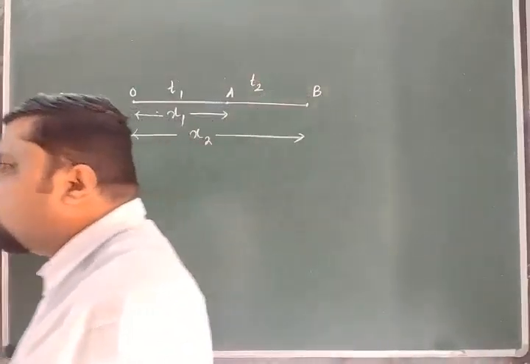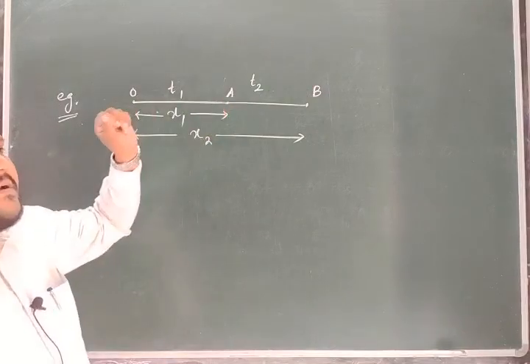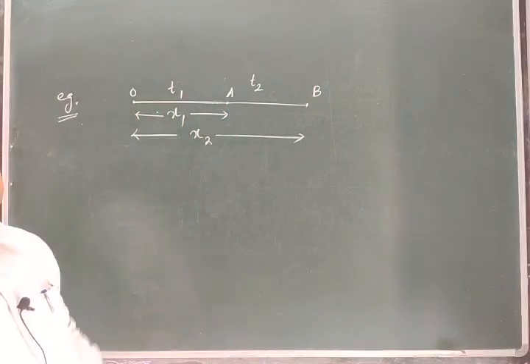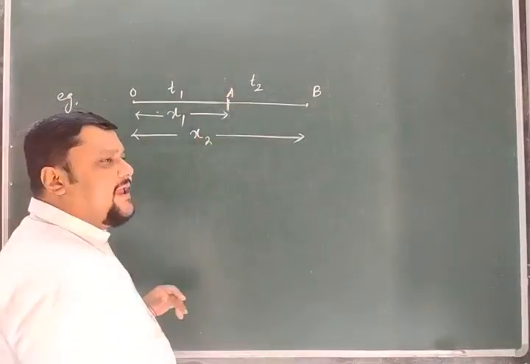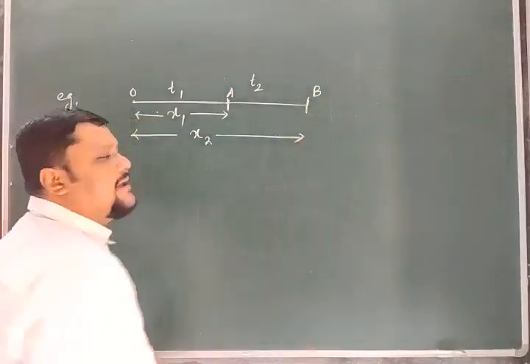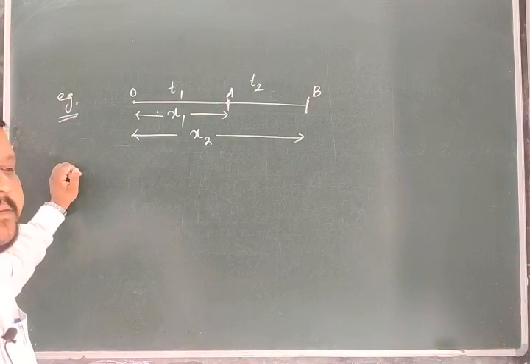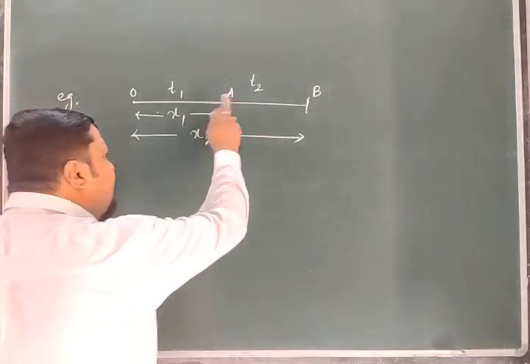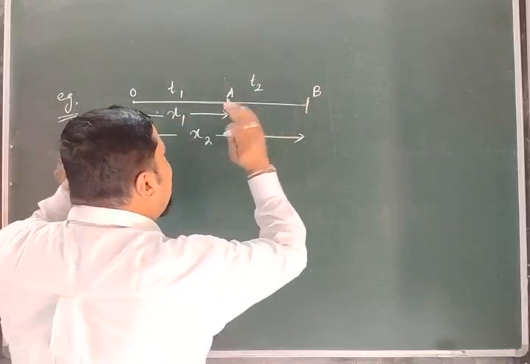So if I ask you what is the displacement of the particle in the time interval t2 minus t1, because at t1 the particle is at the point A, and at t2 the particle is at the point B. So what is the displacement of the particle in the time interval t2 minus t1?